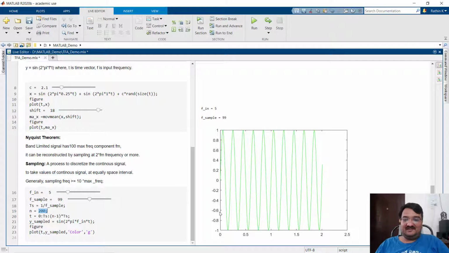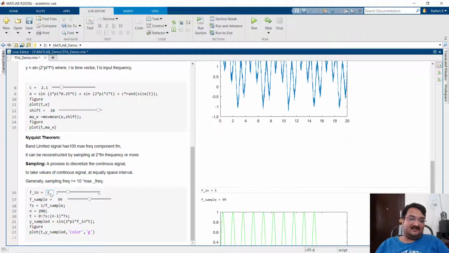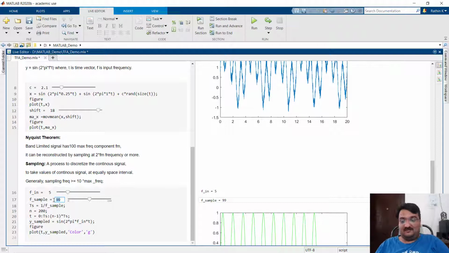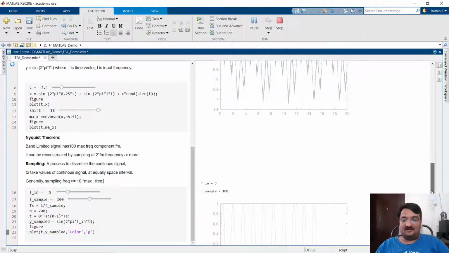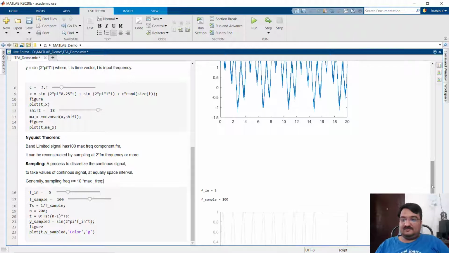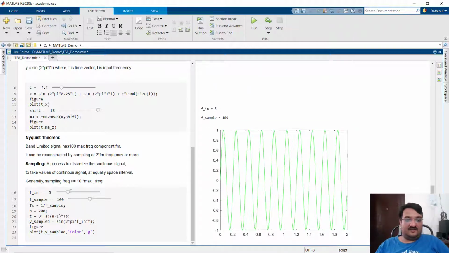And also you can see that in 1 second it is repeating 5 times. So it's able to reconstruct the 5 Hz signal using a frequency of 99. You can change this to 100 as well by typing a manual value. Okay, so this is fine. We are okay with this.